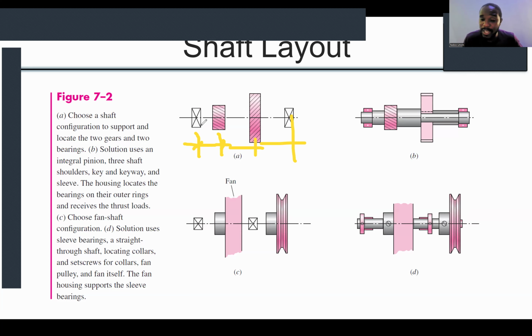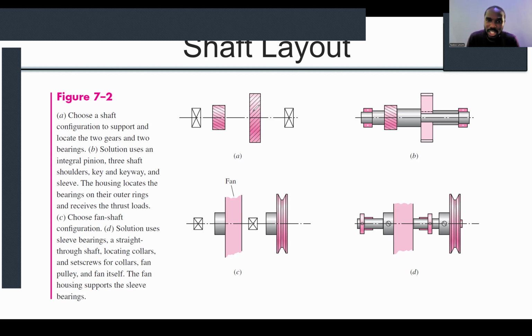So the first procedure is to identify where your bearings will be. Bearing will be here, bearing will be there. And that's really governed by the housing, for example the housing of the gear. Your bearings are located in the housing. So what is my space? We locate my bearings.